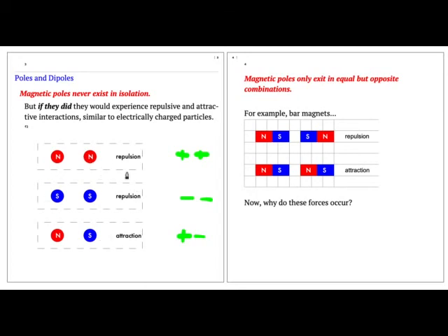Well, this isn't what causes magnetism, or the magnetic force, because magnetic poles never exist in isolation. Magnetic poles only exist in equal but opposite combinations. And a good example of that is just a bar magnet, like you probably had as a child, as a toy.